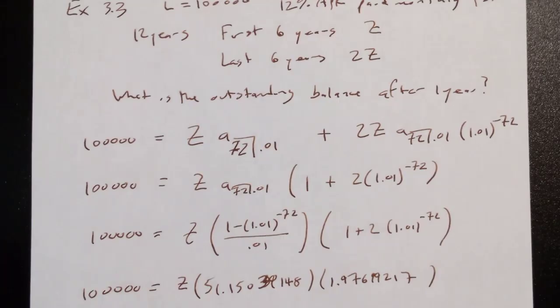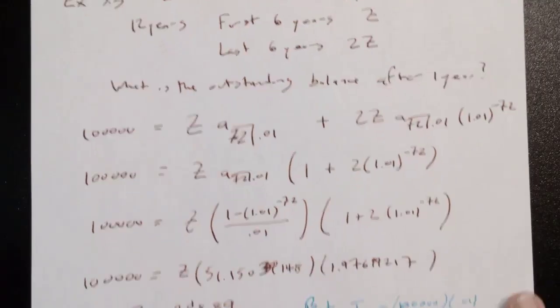I could just go into Excel and make a table. Or I could actually get the outstanding balance at time 12. We had two different formulas last time to find the outstanding balance.